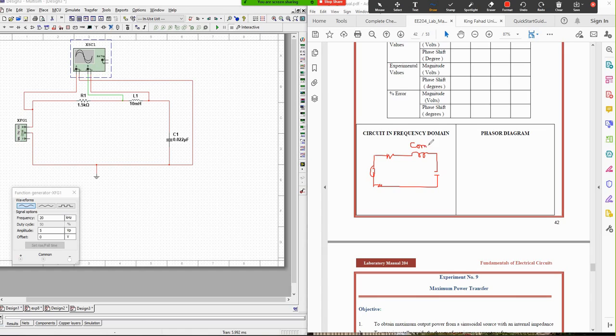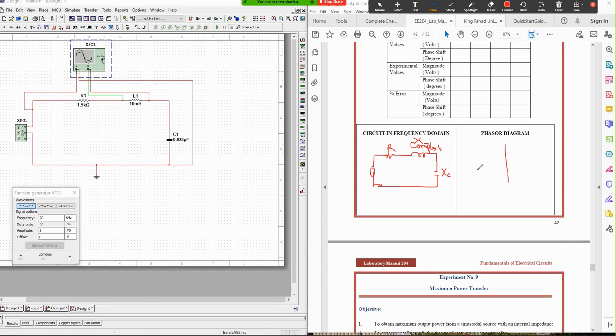Here is the reactance of the inductor, then the reactance of the capacitor, and then here you have the value of that.